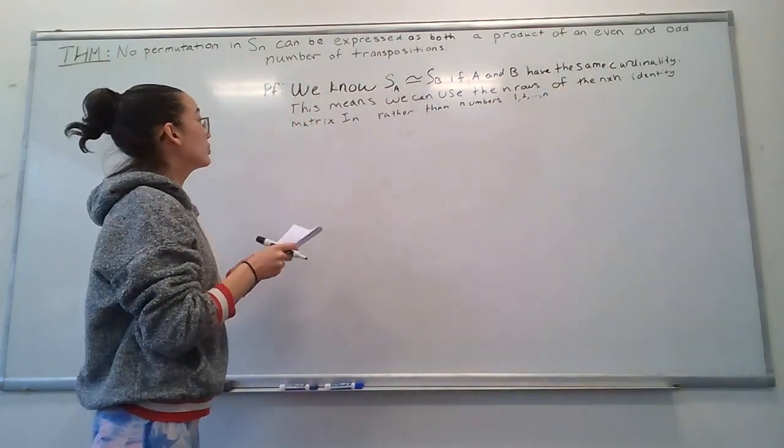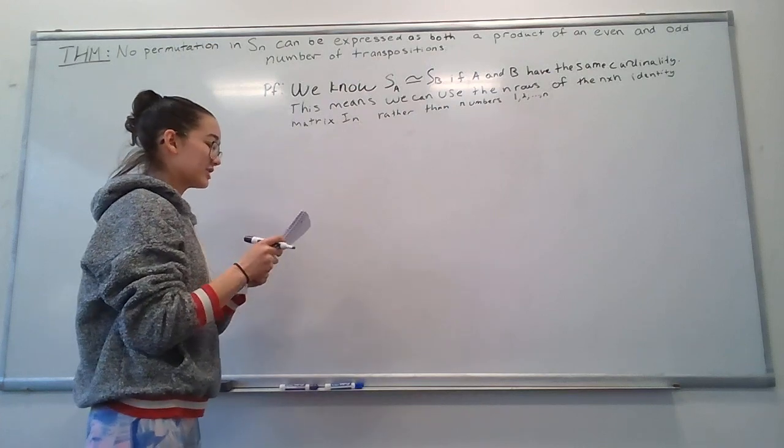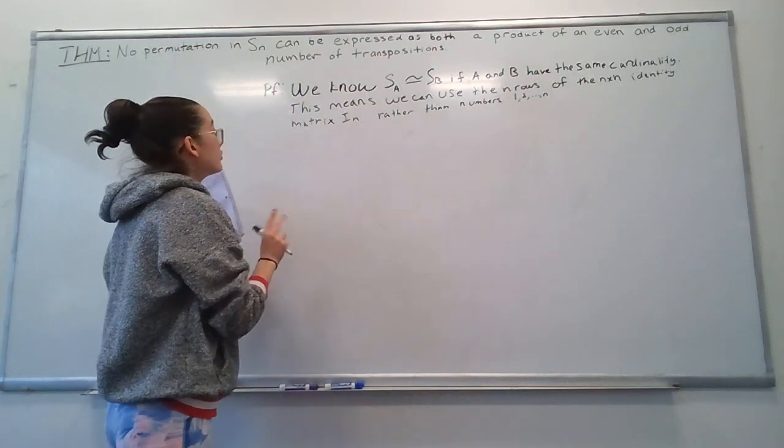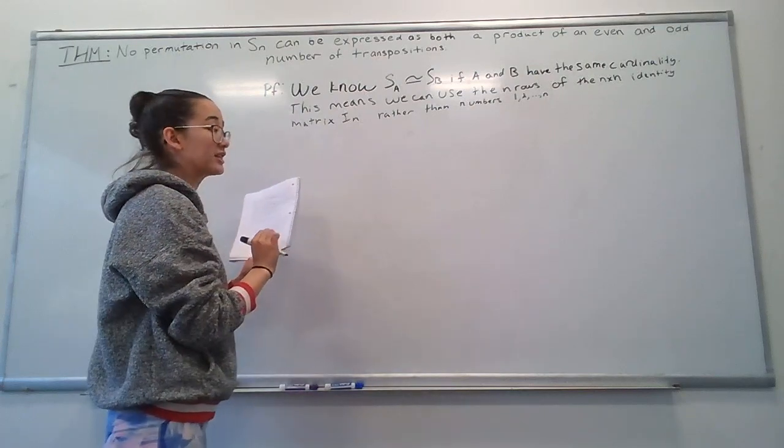So as we said before, we know that the determinant of the identity matrix is 1, and that interchanging any of its rows would cause a change in the sign.